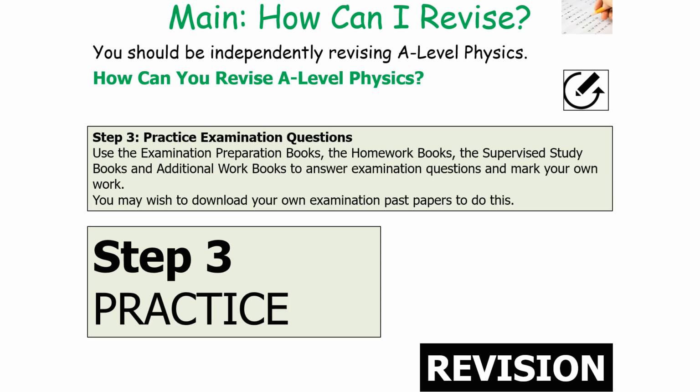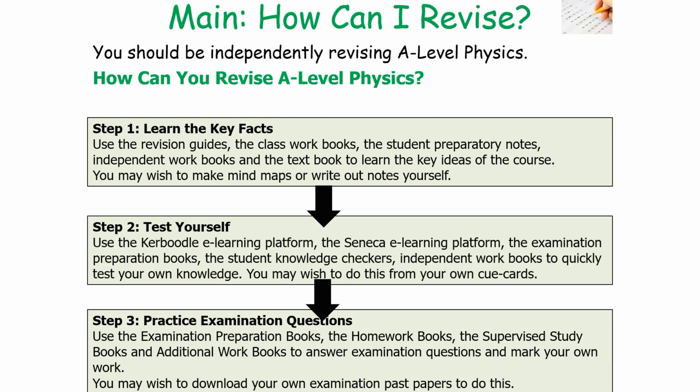Then finally, step 3 is to use examination preparation books, homework books, supervised study books, additional workbooks to practice examination questions and then mark your own work. You may even wish to download your own exam past papers to do this. The combination of learning the key facts, then testing yourself, then practicing exam style questions is how you should be revising AQA A-level physics.